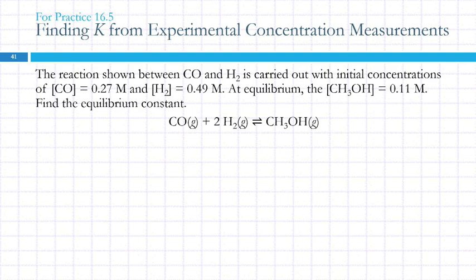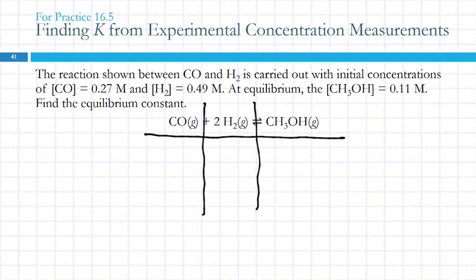So we need to make an ice table. Later, you may be able to see all of this in your head, but for now, make the ice table. Things are going to get more complicated. Sometimes it's helpful to put a double line there because you can't see the arrow very well.